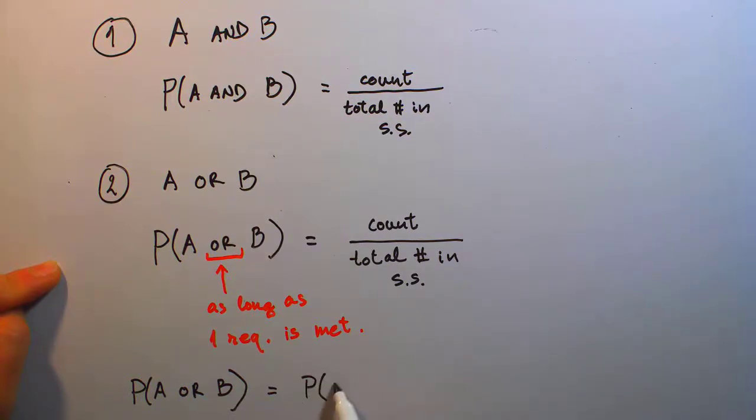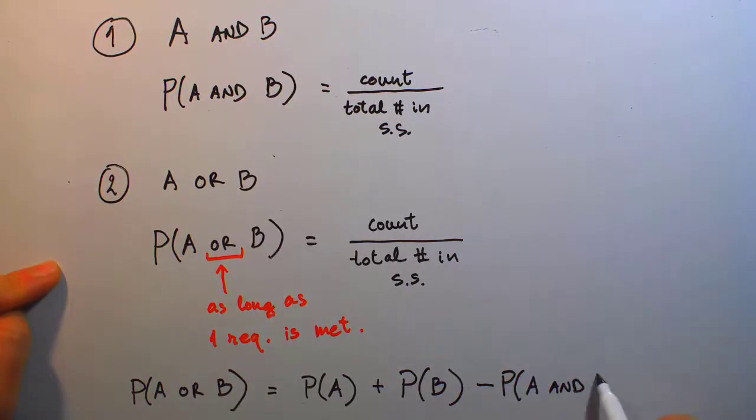We find a separate probability for A, and we add the separate probability for B. But once again, be aware that each one of the separate events already has some outcomes where it meets both events. So in our formula, we need to subtract out the probability of those outcomes where it meets both events, or in other words, the probability of A and B.